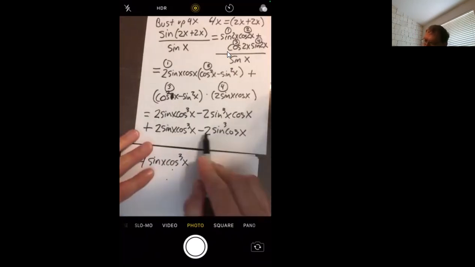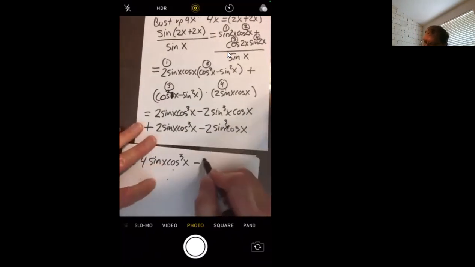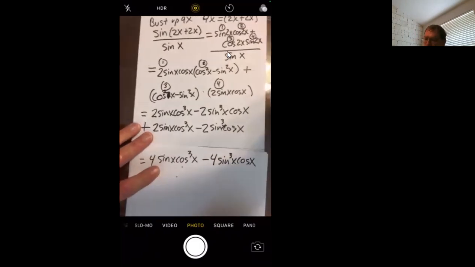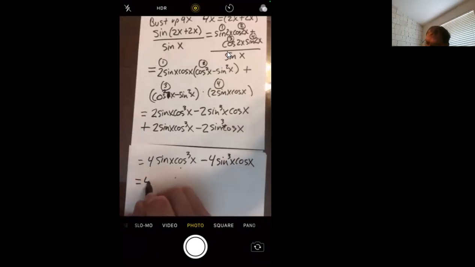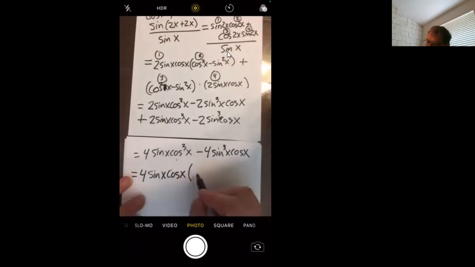And then minus 2 of it, I lost an x in there, minus 2, that's a minus 4 sine cubed cosine. All right, pull out a 4, single sine, single cosine. I think we're getting somewhere. That leaves a cosine squared.